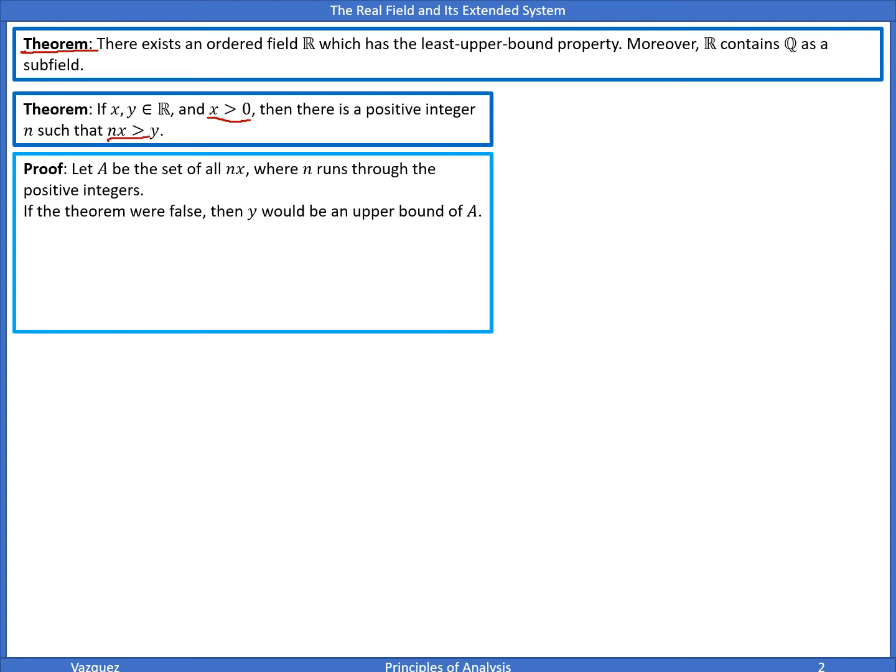Because this wouldn't be true if the theorem were false, so y would definitely be an upper bound of A. Okay, but A, as we saw from the theorem above, has a least upper bound in R, right? And we're going to call that alpha. So alpha is the supremum of A. Well, since x is greater than 0, alpha minus x must be less than alpha, right? And alpha minus x is not an upper bound of A, because alpha is already the least upper bound.